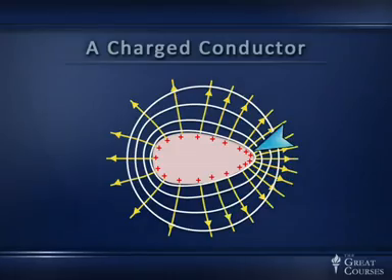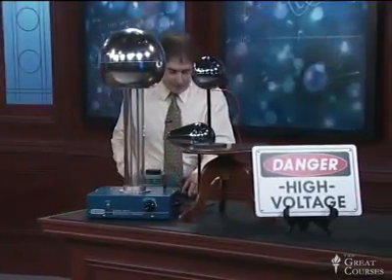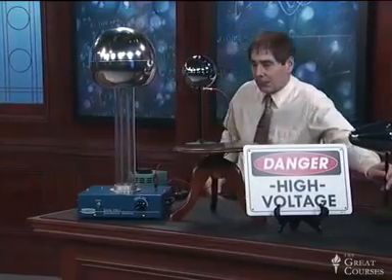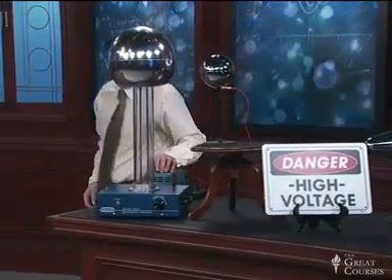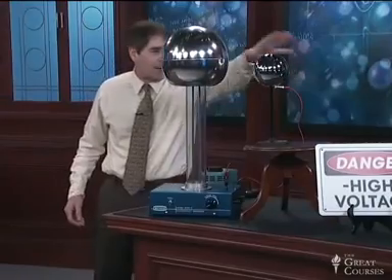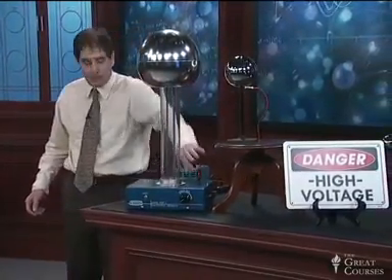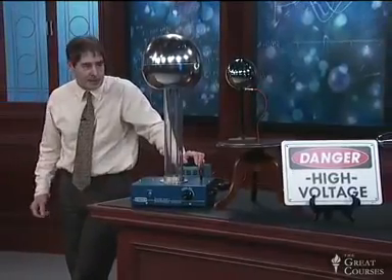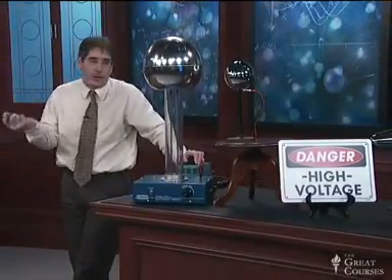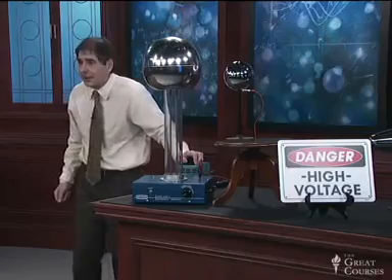So let's move over here where we have our Van de Graaff generator set up again, and we have a couple of objects nearby. Right now, I've got the Van de Graaff set up, ready to go. I've got a smaller ball there. The smaller ball is connected by this wire to the ground through the electric power line, and so it is going to draw charge off that charged sphere of the Van de Graaff when it charges up.